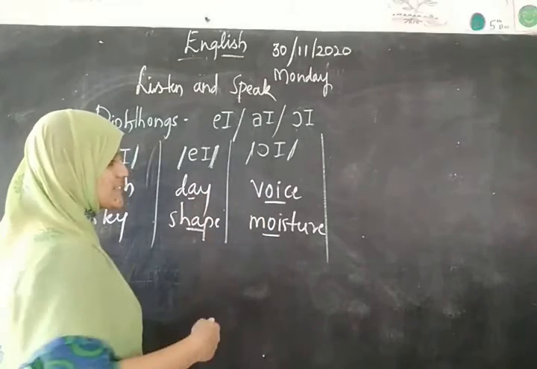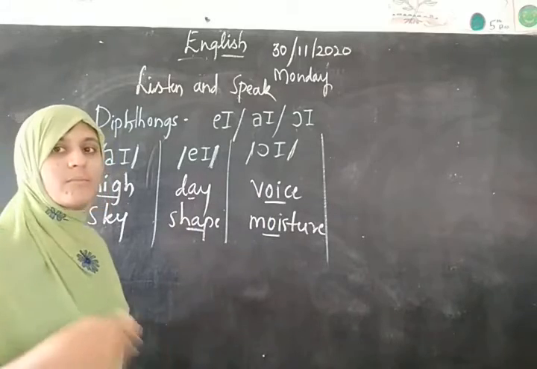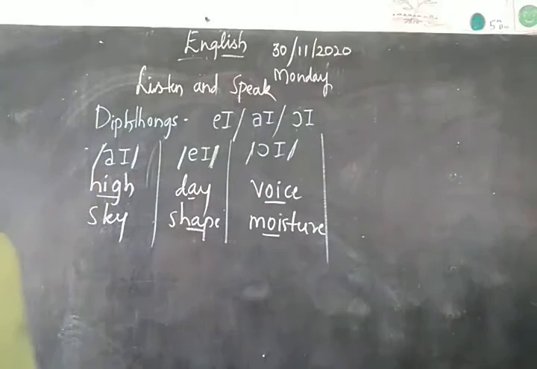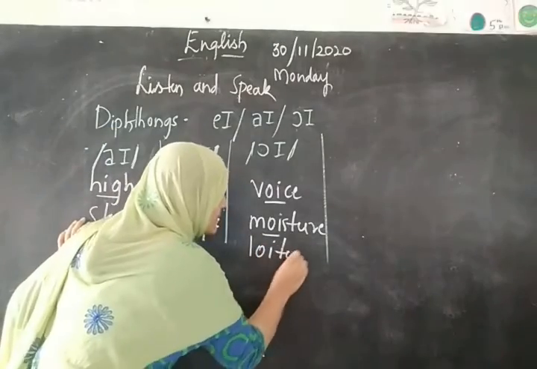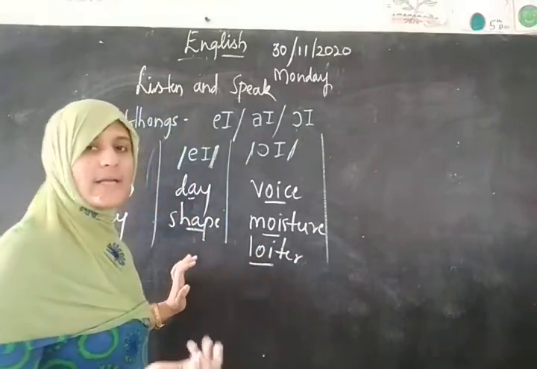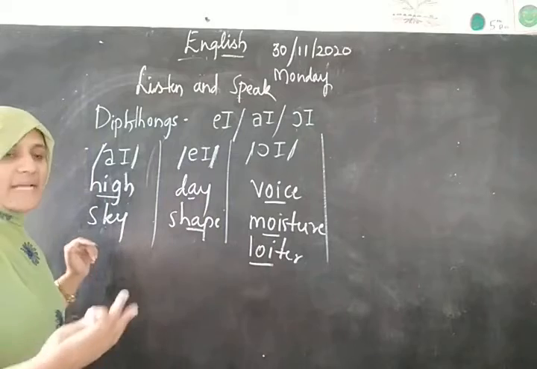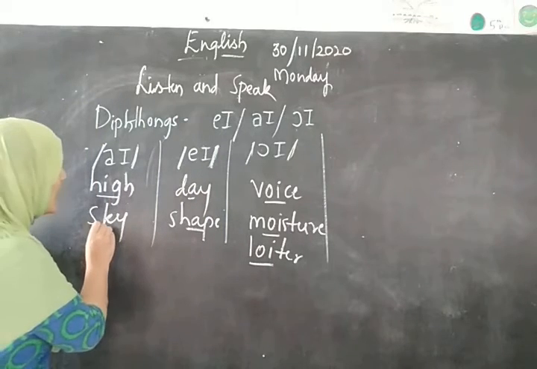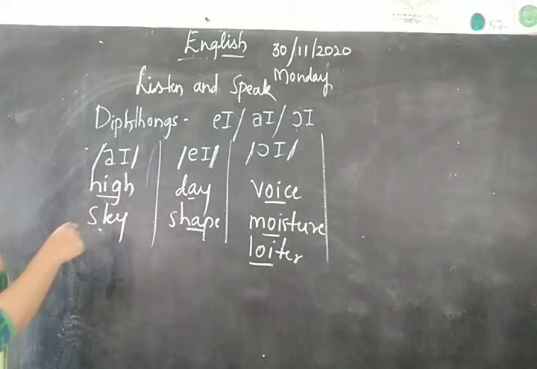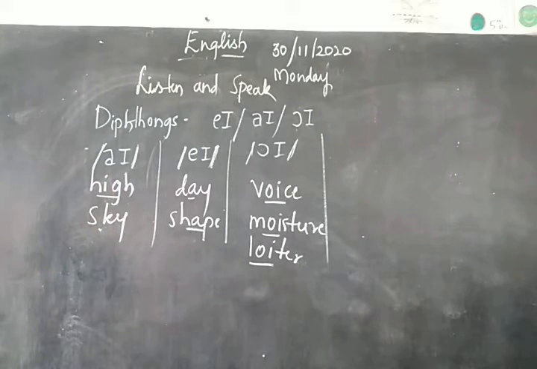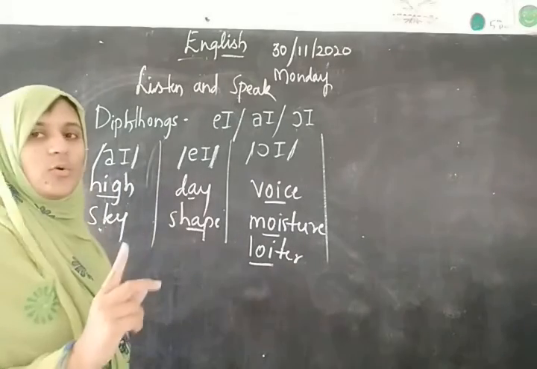Voice, moist or moisture, loiter, loin. Here you get the OI sound, here the A sound, here the A plus I sound. Diphthongs are a combination of two vowel sounds.